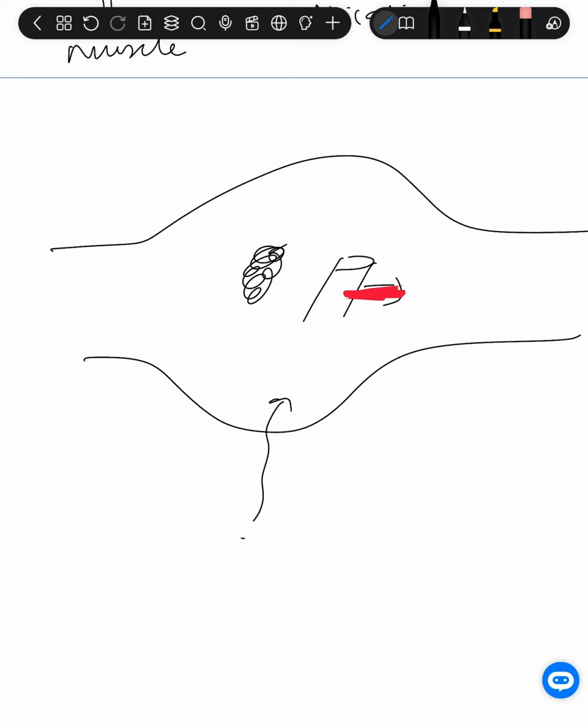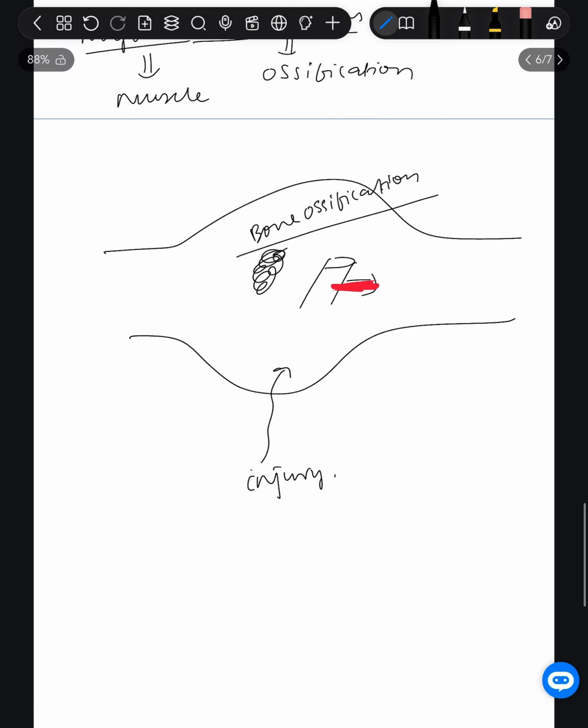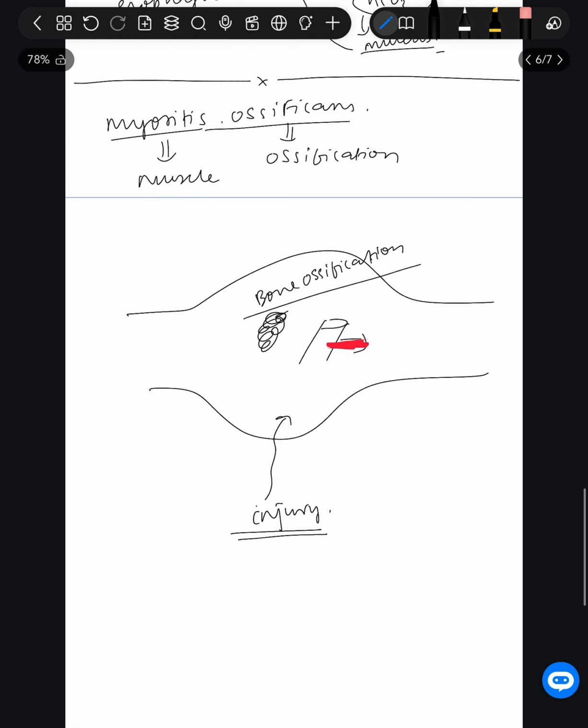Of course, there might be some injury, so hemorrhage is happening. So there is some bone ossification, bone formation, because this bone formation will be able to withstand this injury in a better way. So this is called myositis ossificans.